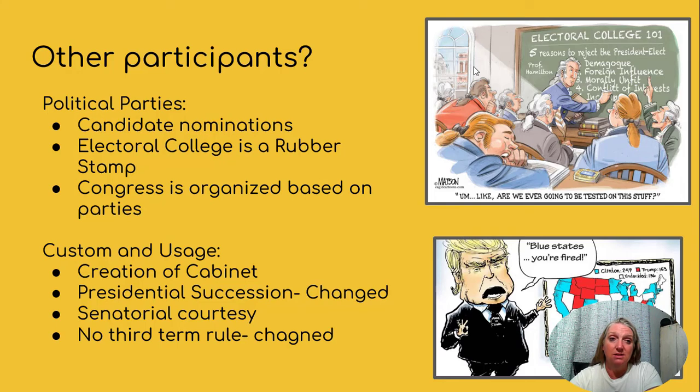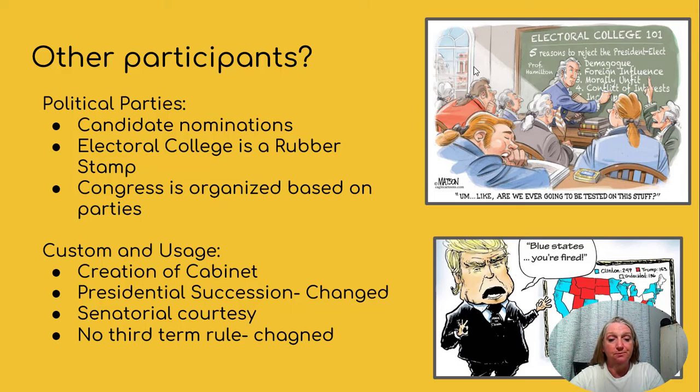And then our last informal change method is custom and usage. So traditions. The creation of a cabinet for the president was done beginning with Washington. So having that creation, that is custom. Okay, presidential succession. We changed presidential succession.